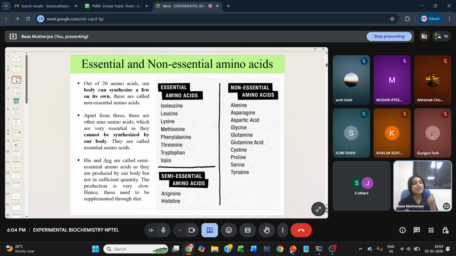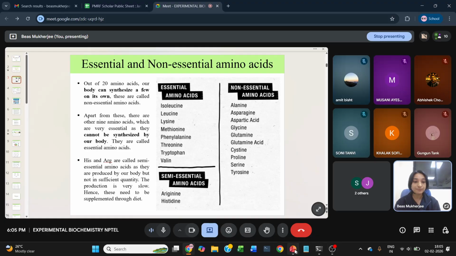Okay, and some are semi-essential amino acids. That means that they are produced in our body but in very less amount. So those are semi-essential amino acids. For example, arginine and histidine, these are semi-essential. Rest, you can see that there is this list of non-essential amino acids which are made in our body and the essential amino acids which are not made in our body, and therefore you need to take these from outside.